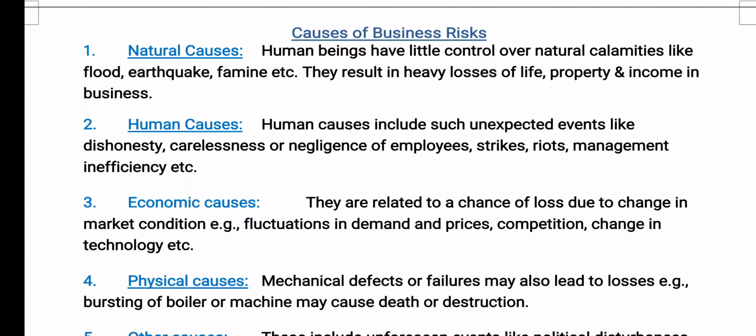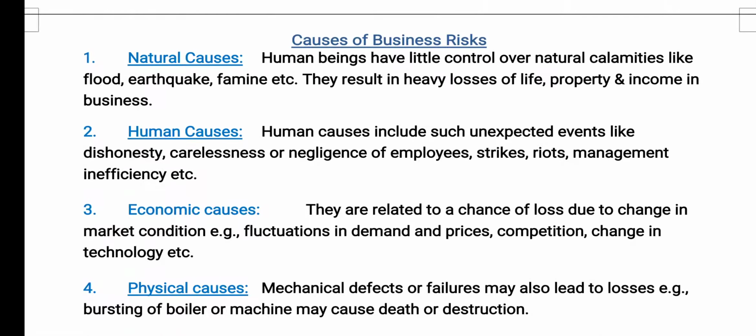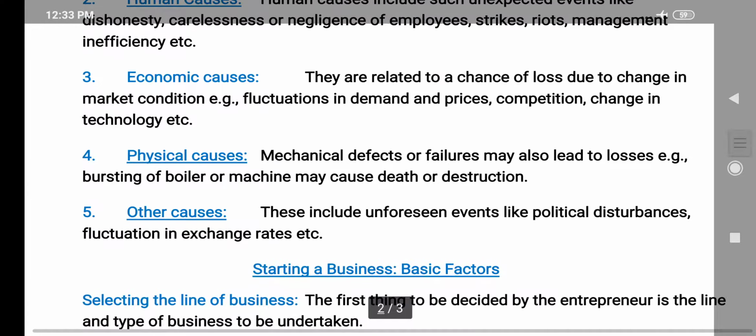Second, human causes. Human causes include unexpected events like dishonesty, carelessness, and negligence of employees, strikes, riots, management inefficiency, etc. So, human causes are related to a chance of loss due to human beings or employees or the organization.